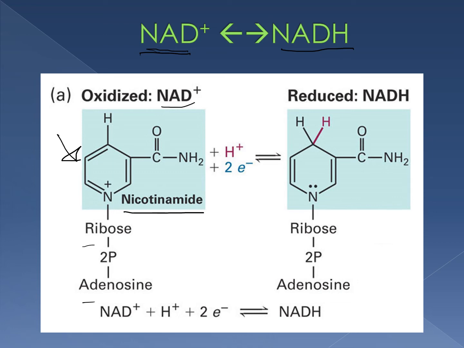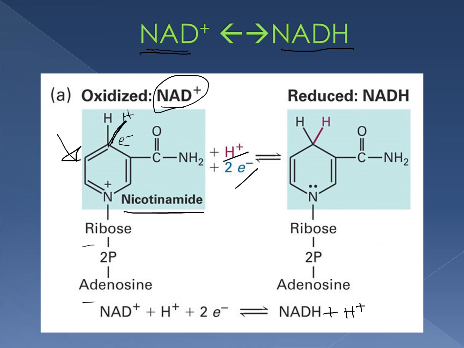Anyway, it carries one H plus and 2 electrons. It gets them from food molecules, and it's going to add them right here. So there's 1 electron added here, and then 1 H added there. And the truth of the matter is that there's also an H plus added here, because there needs to be a pair.